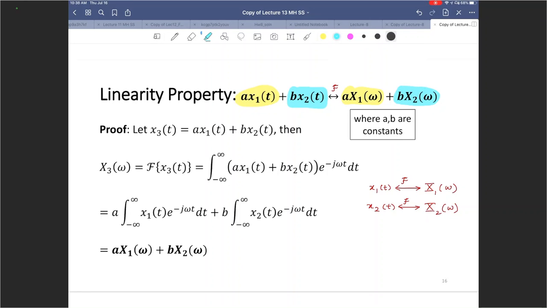So their individual Fourier transforms will get scaled by those same scalars.